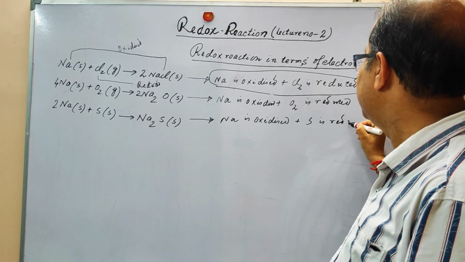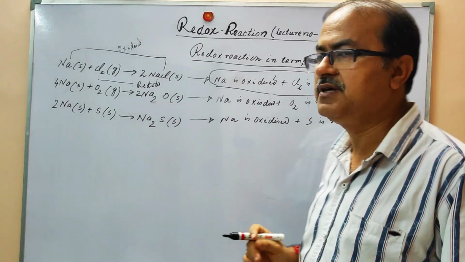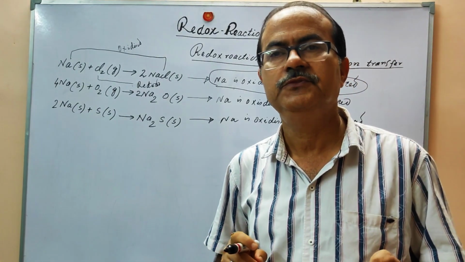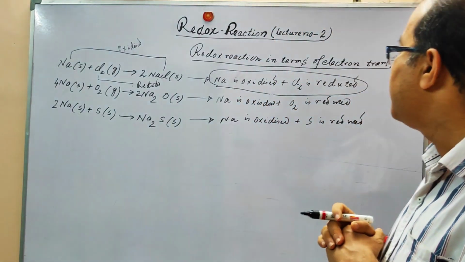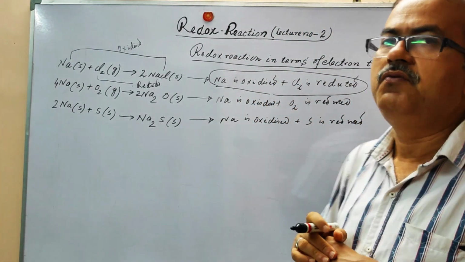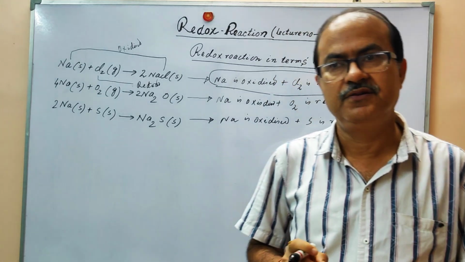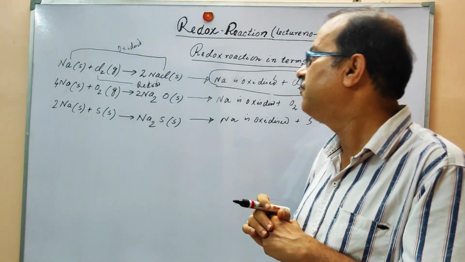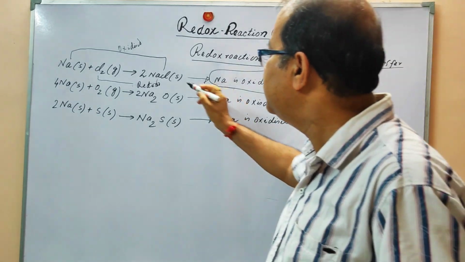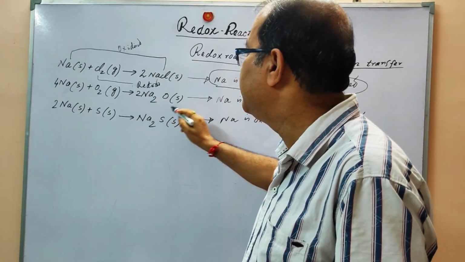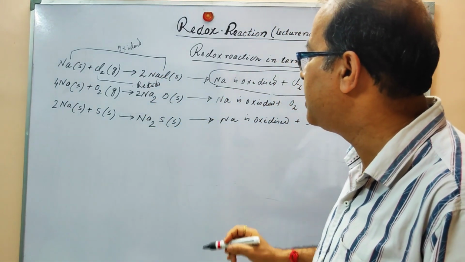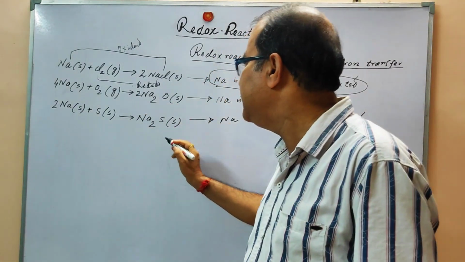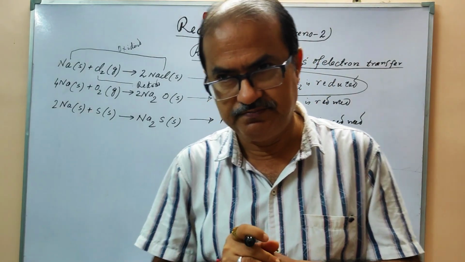Why is it so? That is already discussed as per the classical definition of oxidation and reduction. Now we understand from our previous knowledge of atomic bonding that sodium chloride, sodium oxide and sodium sulfide are all ionic compounds.